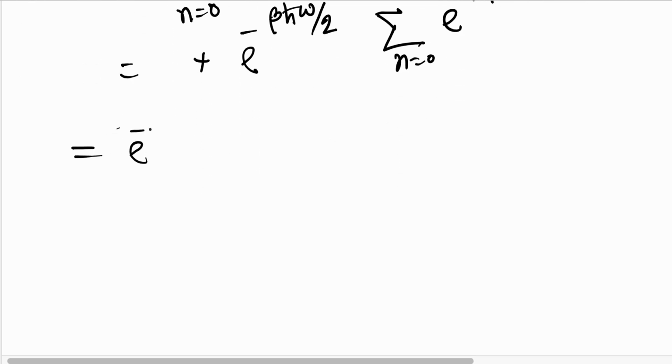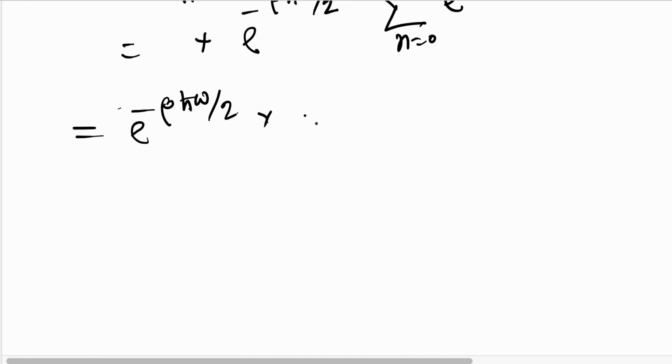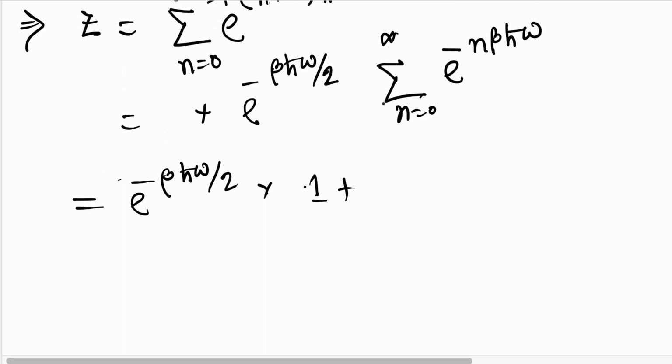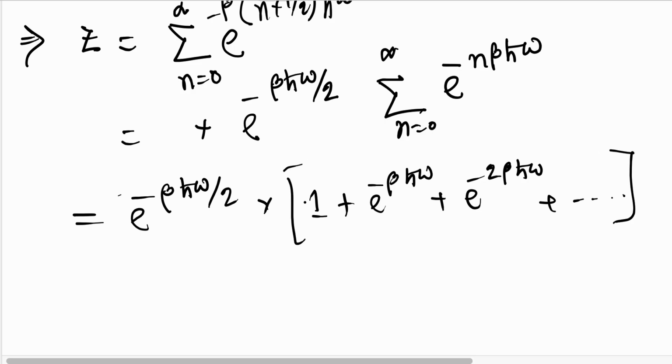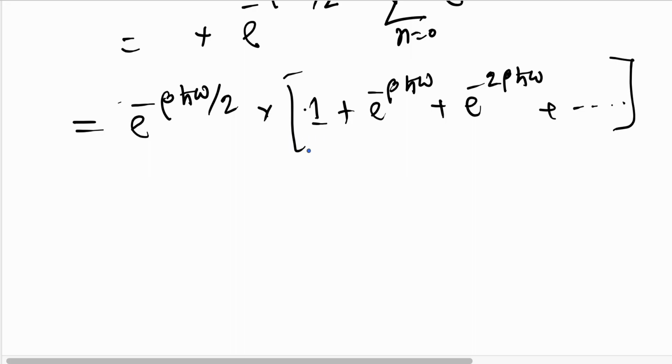This is e to the power minus beta ħω/2 into (1 + e^(−βħω) + e^(−2βħω) + ...), and this series sum has some value.